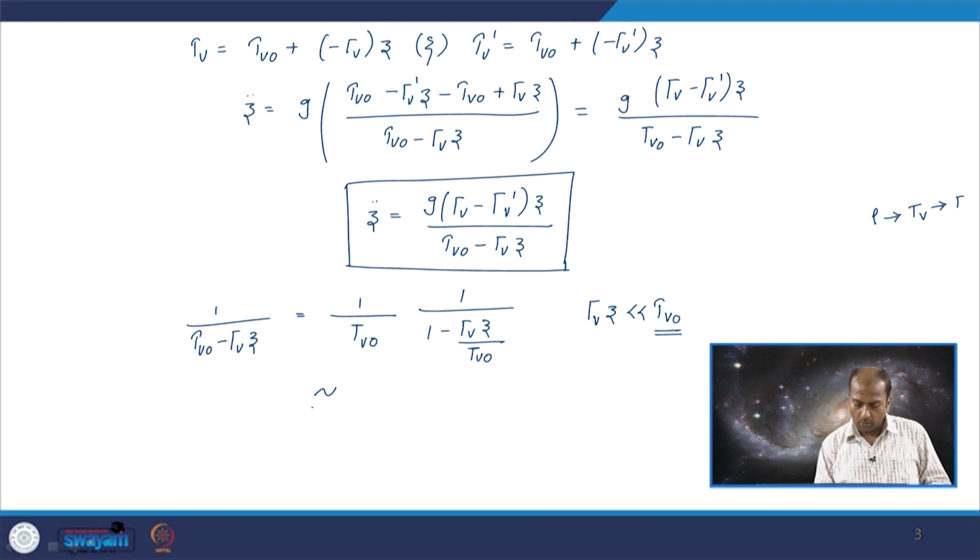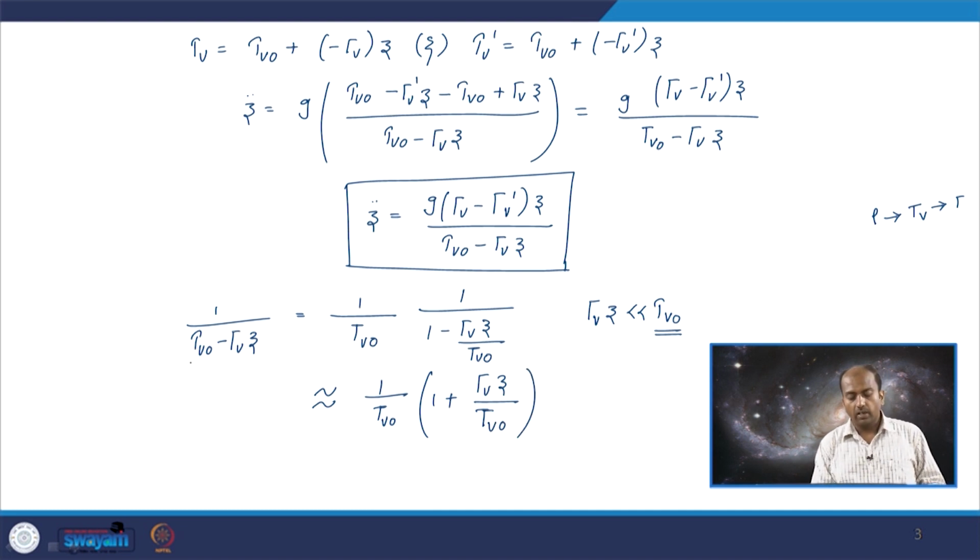So, the expression above can be approximated as 1 by T V0 times (1 plus gamma V Z divided by T V0). So, the entire term 1 by (T V0 minus gamma V Z) is approximately equal to 1 by T V0 times (1 plus gamma V Z divided by T V0), right.